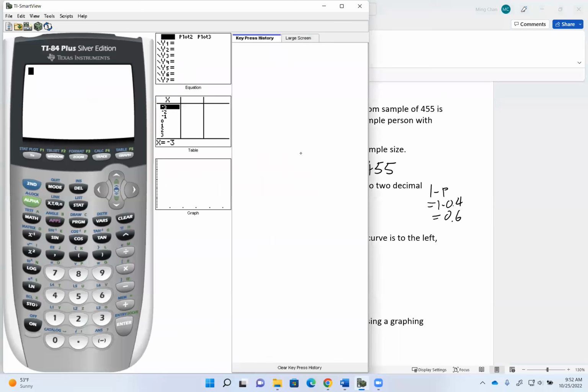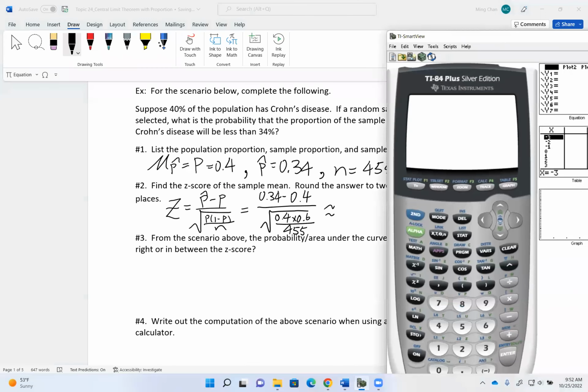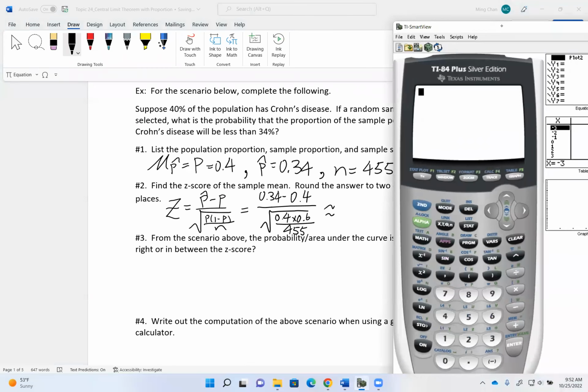I'm going to put the numerator in a parenthesis, divided by, and I'm going to put the entire denominator operation in a separate parenthesis. Square root of a multiplication, then divide: 0.4 times 0.6 divided by 455.